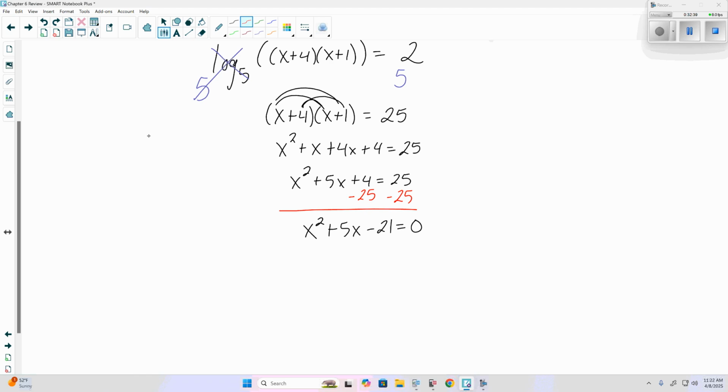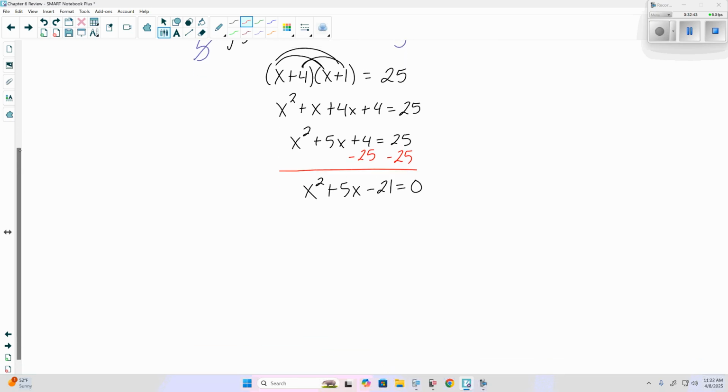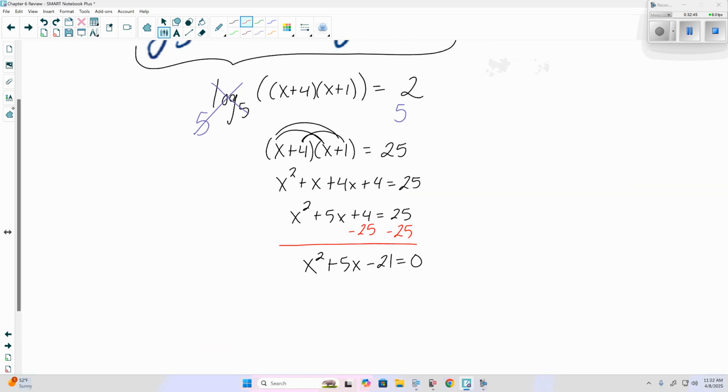Yep. That's going to give us irrational numbers, it looks. Yeah, it's not factorable.